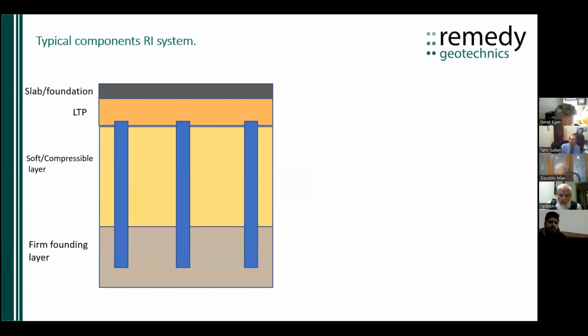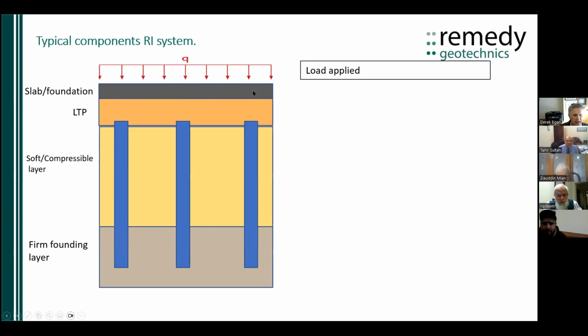So to look at this a little bit more, now we're only going to be using rigid inclusions where we've got some soft or compressible soil layer. And if we take the case of a floor slab, which is probably easiest to demonstrate the principles, but it could be a foundation, we have the floor slab up here, and in due course, we'll have some sort of load applied to that floor slab.